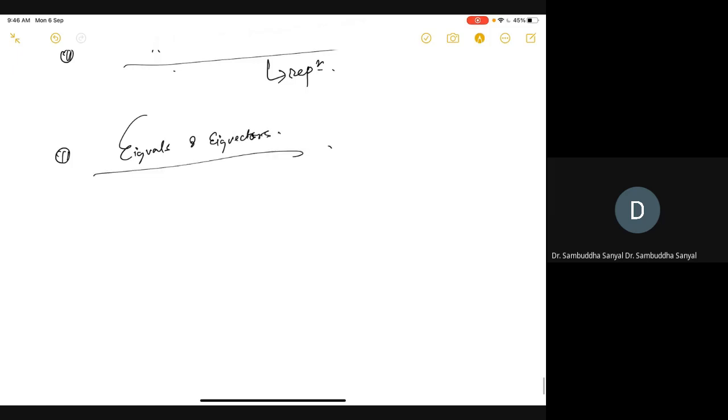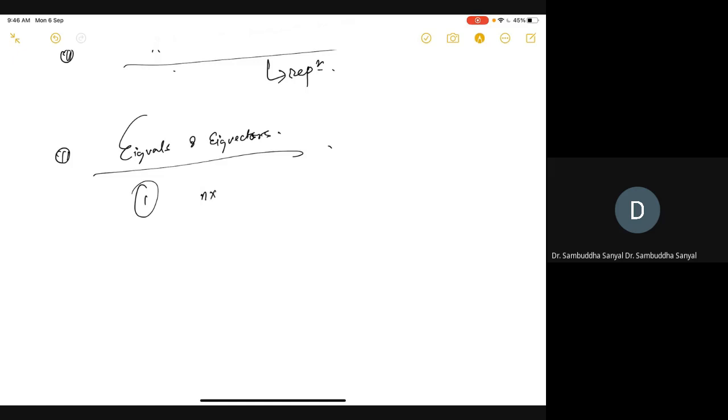Back to eigenvalues and eigenvectors. Now we are talking in terms of matrices, no longer in terms of operators. Everything we talked about so far was in terms of operators. Now let me talk in terms of matrices.